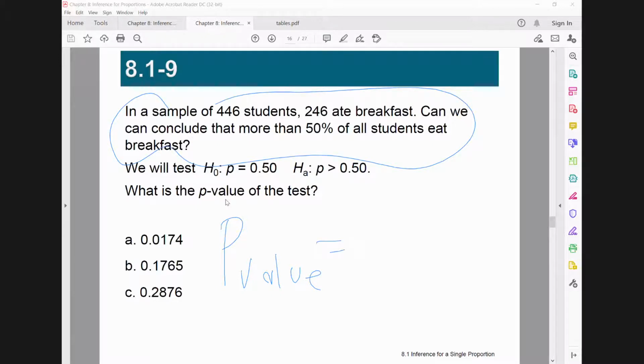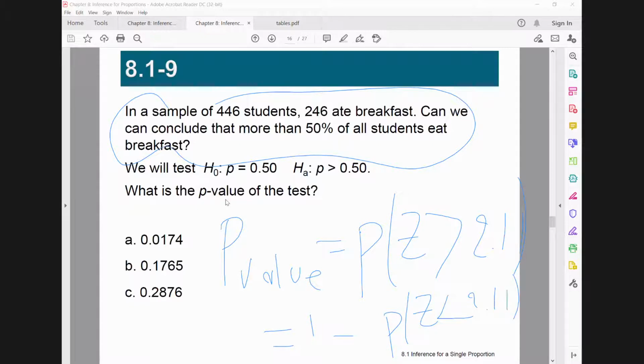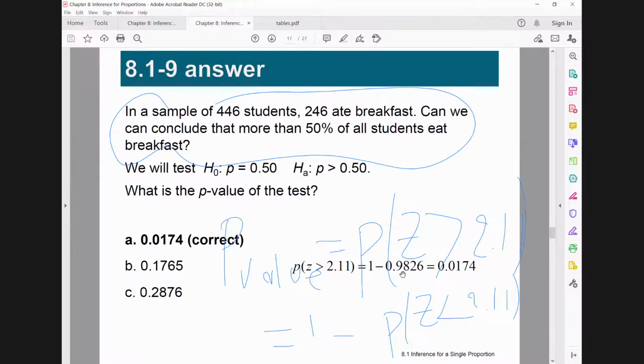The p-value is equal the probability of Z more than 2.11, which is equal 1 minus probability of Z less than 2.11, because we know the normal distribution table always gives us the left hand side. Here we use the table and we conclude this probability is equal 0.9826. That's why the correct answer is the first one.